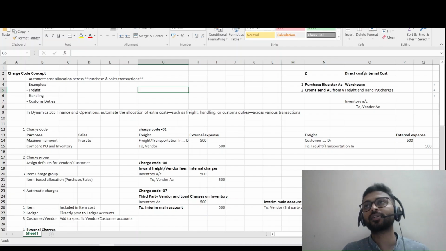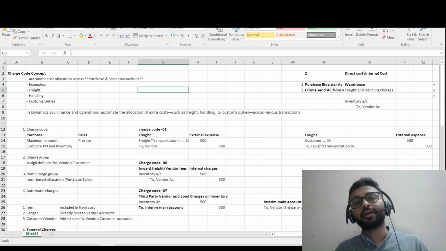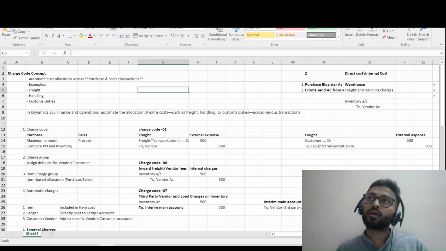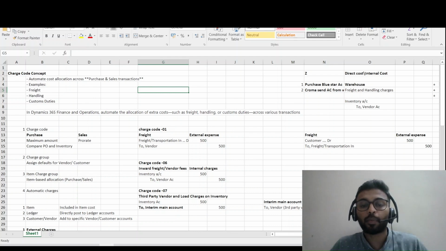Those charges are borne by the company. Second is external charges. External charges are generally borne by our vendor and customer. And third is charges which are borne by a third-party vendor. So there are three types of charges in this system.